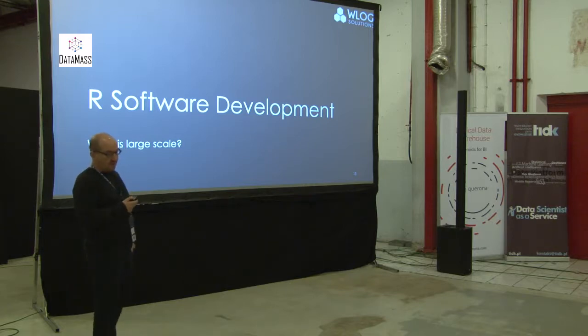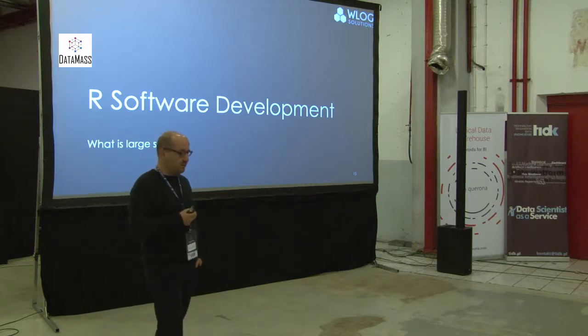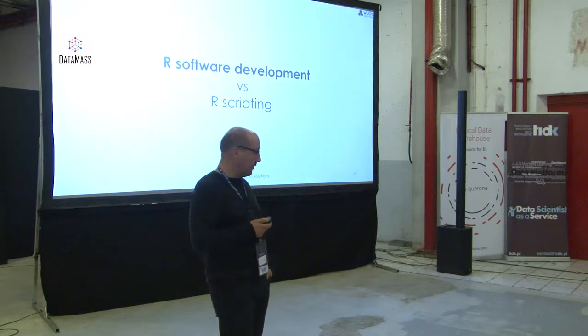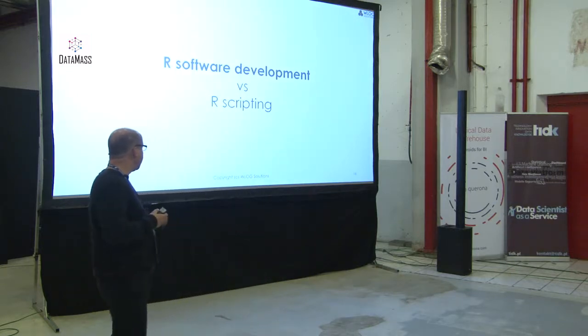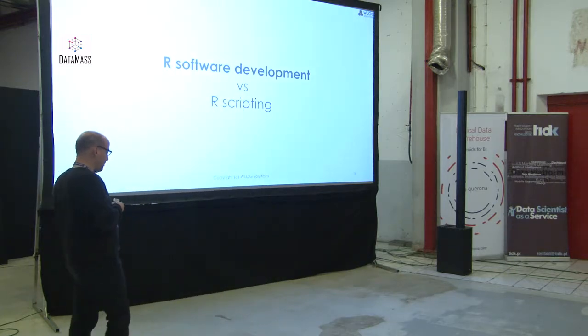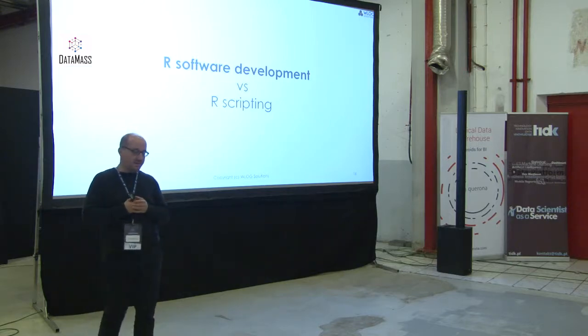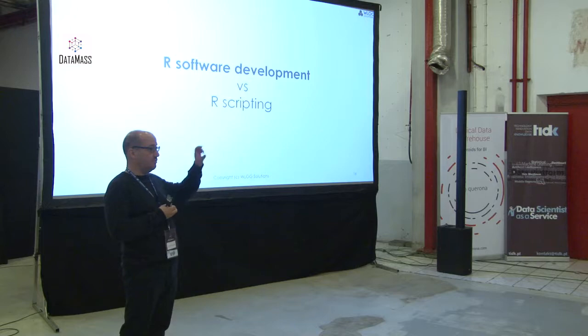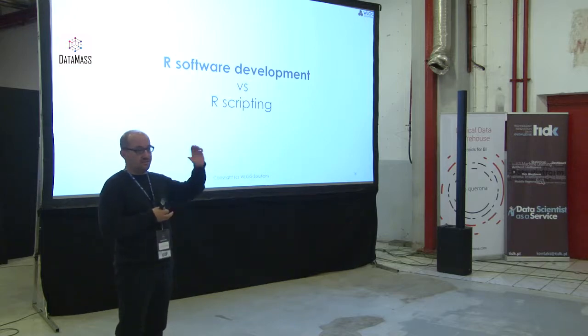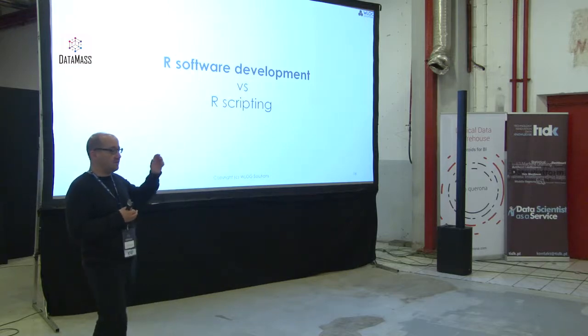So what do I mean by large scale in our software development? When you are thinking about scripting languages, like for example Bash or R, you are thinking about few-liners, just to help you do some automation.